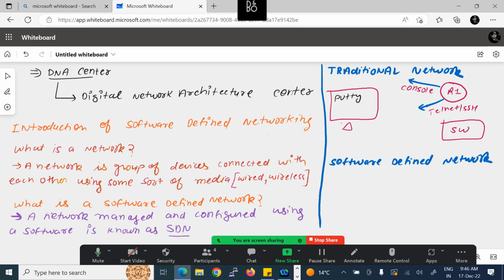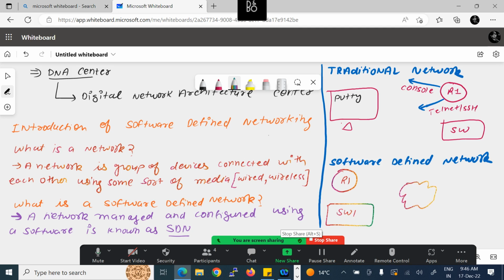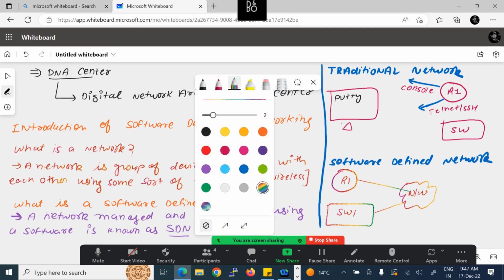But if I talk about software defined networking, and I have routers and switches. This is my router again, and this is my switch. All right. Instead of making configuration using console or telnet SSH, I'll connect them to the network. Don't think that this is an ISP. It's just my internal network. And what do we have this time?